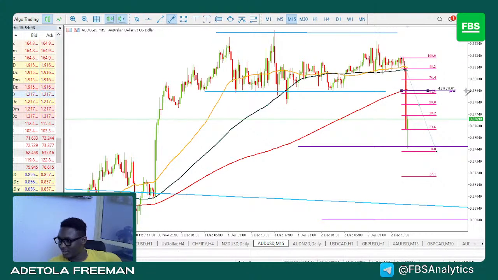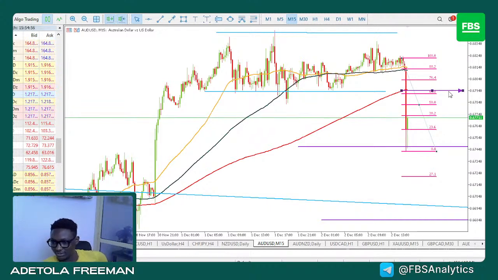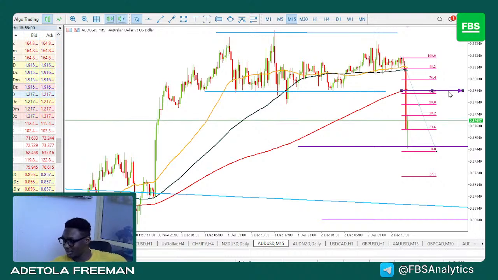For AUDUSD, if price retraces all the way back to this point, which is the 0.67935, if you do get price coming all the way to that point, then I would consider that an area of retest.